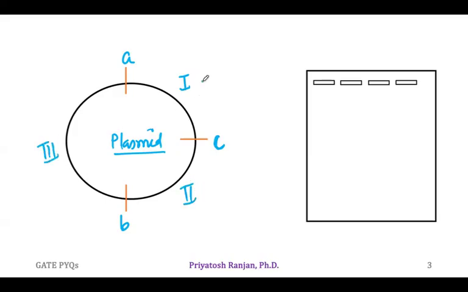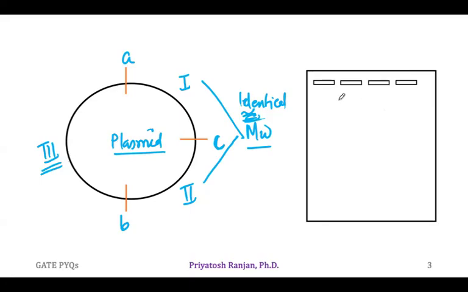Remember, the molecular weight of the first and second is identical. They have an identical molecular weight as well as similar conformation. So that will result in the generation of a single band on the agarose gel electrophoresis. So I'll get one band from fragments 1 and 2, and another fragment from this end, which I'm calling the third.